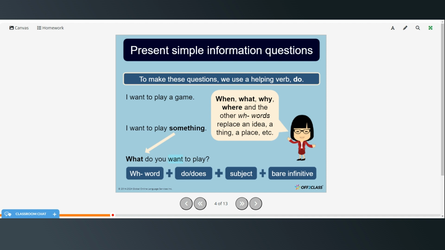The infinitive form is the form of the verb that we use with the word to. So to walk, to talk, to eat, to drink, to play, to sing. And in this one, to want. So it's that form without the word to. So what do you want to play? So want is the bare infinitive.